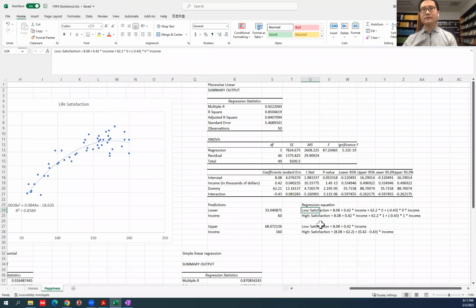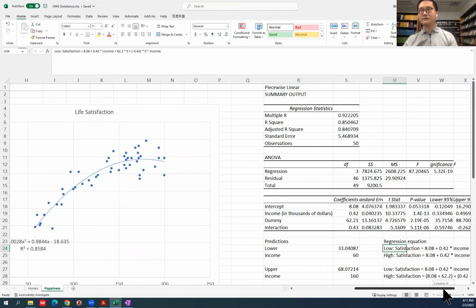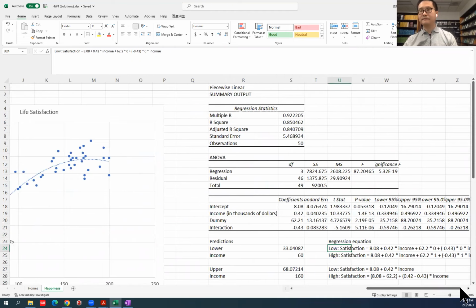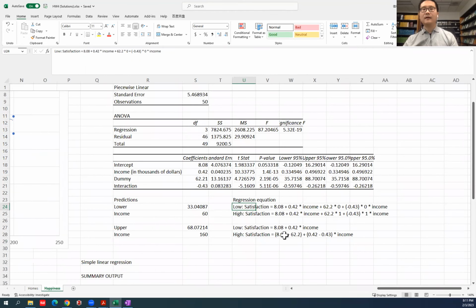For the low income group, remember that the dummy variable representing whether a person is from the high income group takes value 0. At the same time, the interaction also takes a value of 0. So when we supply it to the regression equation, let me enlarge it so it shows more clearly, we could write the regression equation for the low income group in this way.